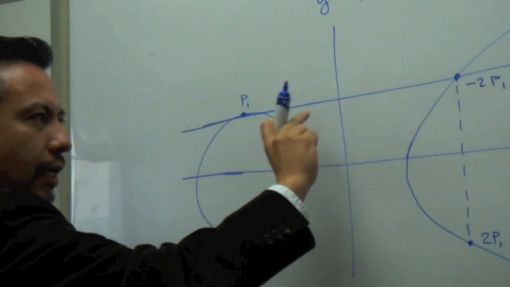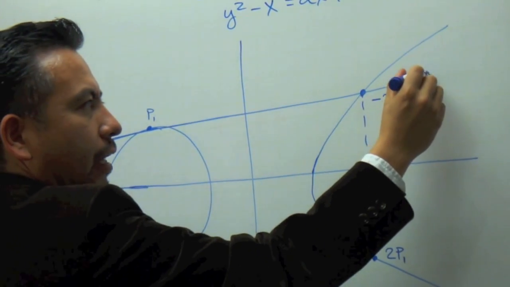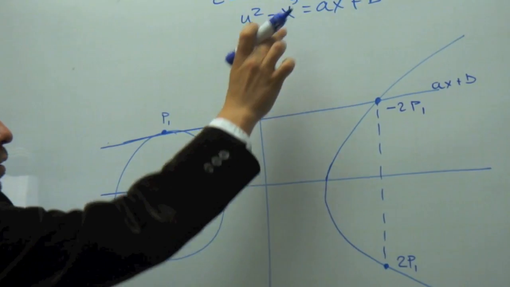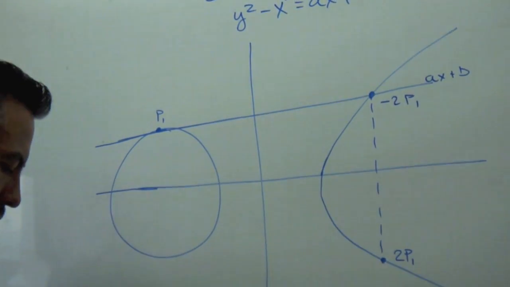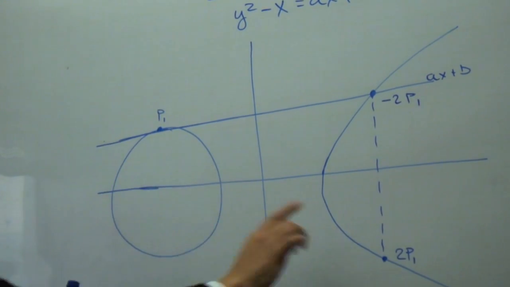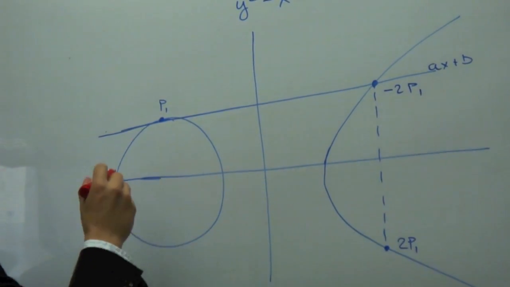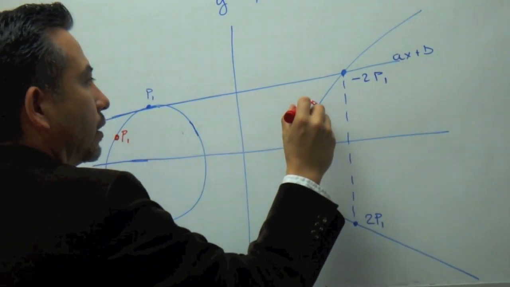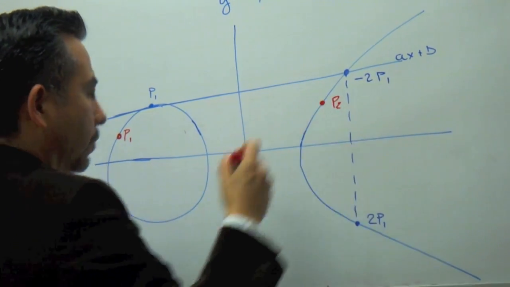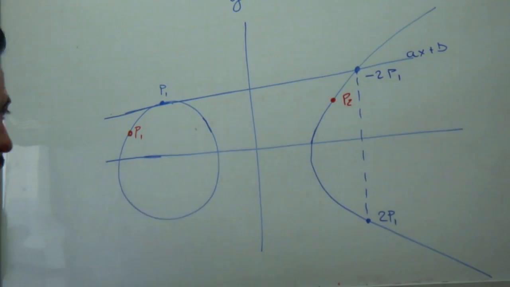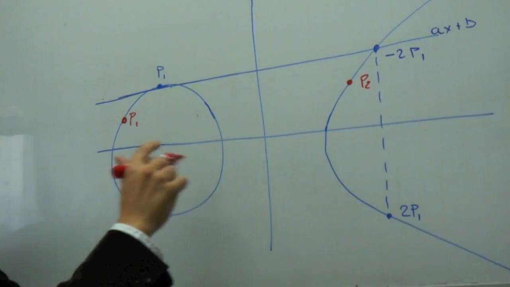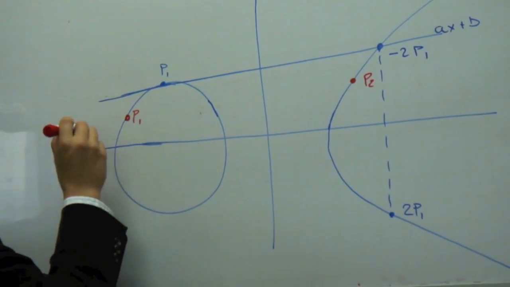Okay? It's a tangent. This is a line, ax plus b. Well, we showed that, adding a point to itself. If we want to add point 1 and this is point 2, I will work in red, okay? It will be a line, and it's going to cross somewhere.